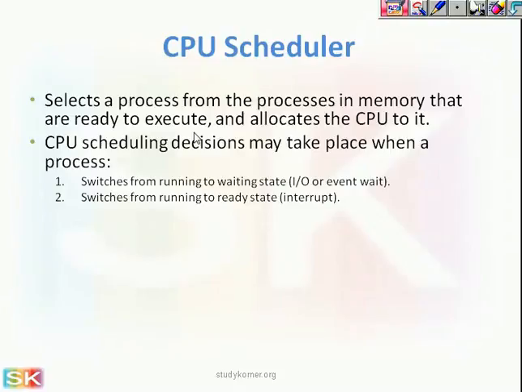So under these circumstances, a process may have to shift from running state to ready state. And when a process is shifting from running state to ready state, again the CPU is idle. So when the CPU is idle, a new process has to shift from ready state to running state, right?